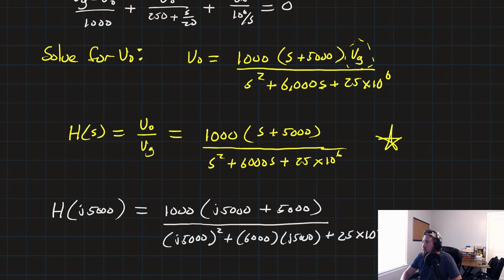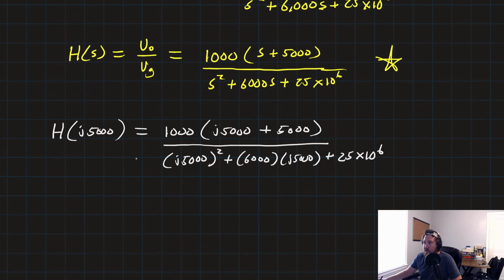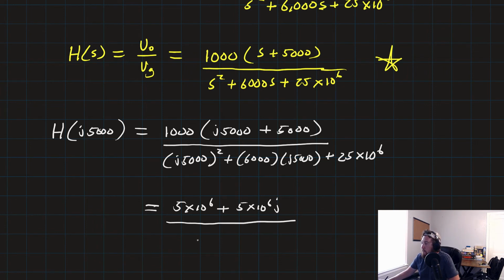And if we distribute everything through and simplify it a little bit, we're going to get 5 times 10 to the 6 plus 5 times 10 to the 6 j, over minus 25 times 10 to the 6 plus j times 30 times 10 to the 6 plus 25 times 10 to the 6.